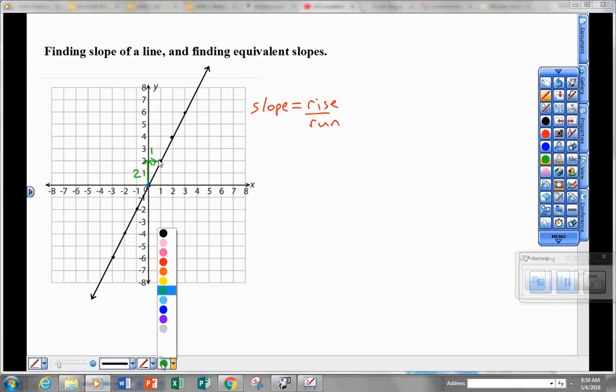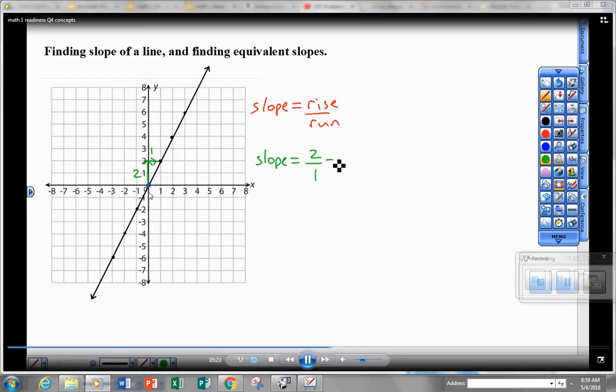So that slope 2 over 1, I need to be able to find equivalent slopes of that. So I need to find all different ways I could show equivalent slopes of 2 over 1, which is 2. And again, I'm going to erase that and write a 2 right there.